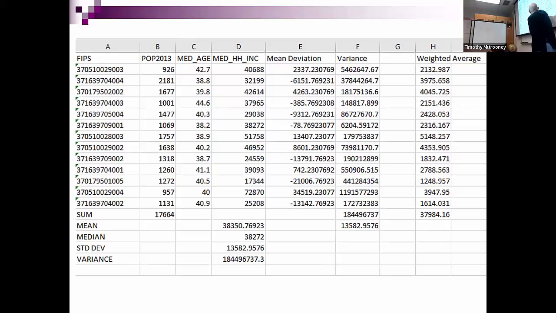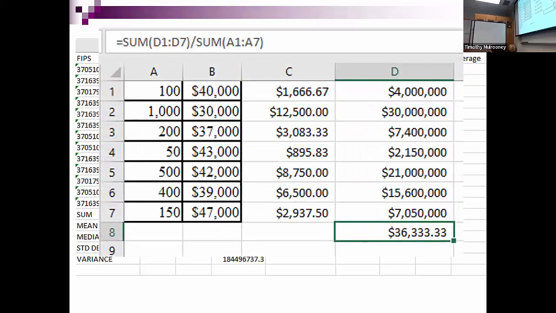We have the median, which is the middle, and then we have the weighted mean, which is $37,000, which is going to be a little bit less here because we have some of these high population areas that are going to make it go a little bit less. So you can start to see the calculation of these weighted values.